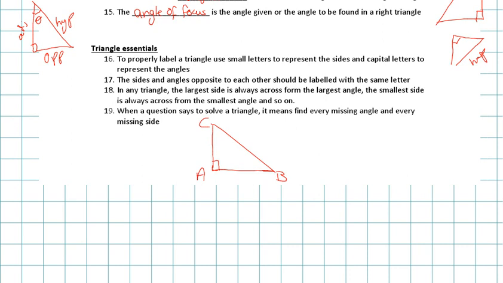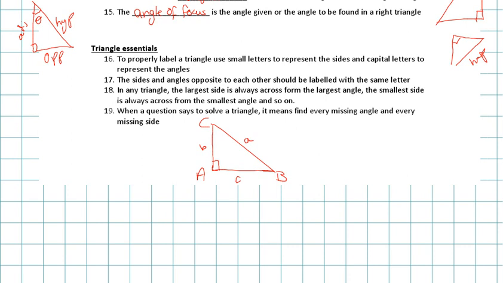The side across from angle A is called side A. So this would be side A. The side across from angle B is called side B. The side across from angle C is called side C. There is a system.